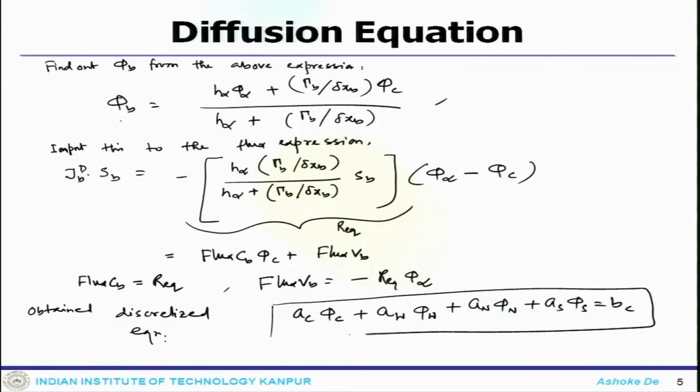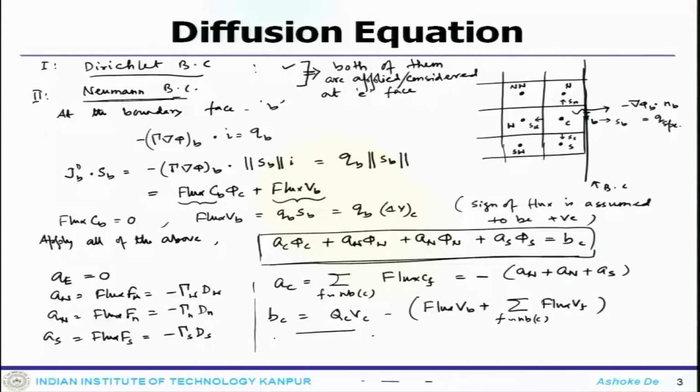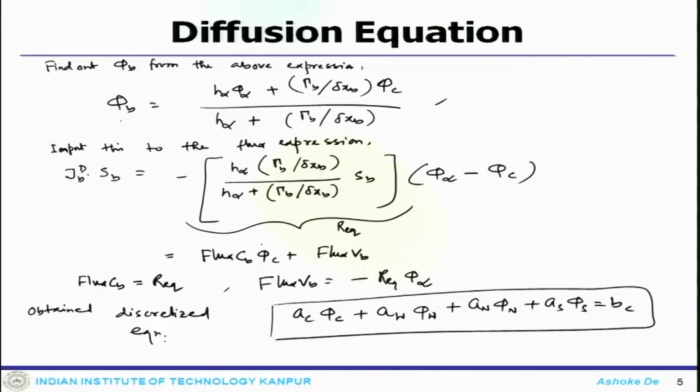Again, if you look at the similarity between your Neumann condition, the expression obtained here, and the expression obtained for the mixed condition, they look similar algebraically, or notation-wise they look exactly similar. The reason is, as I have said earlier, this is going to be applied at the east face of this cell.